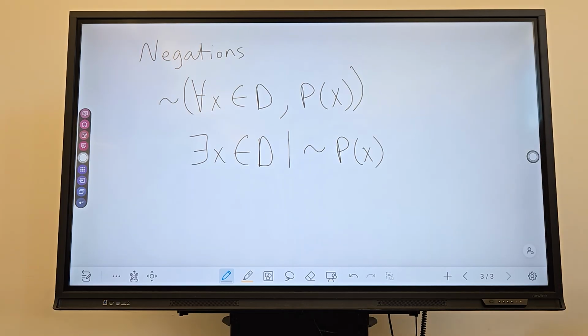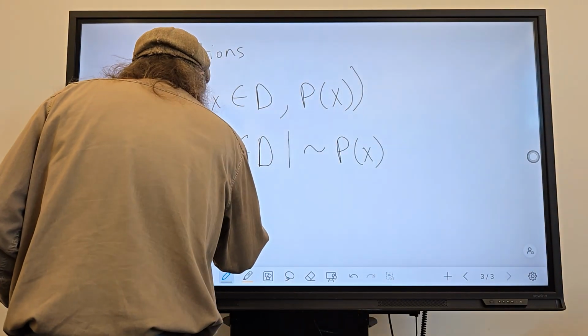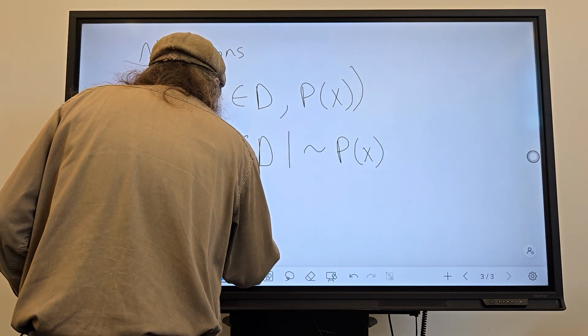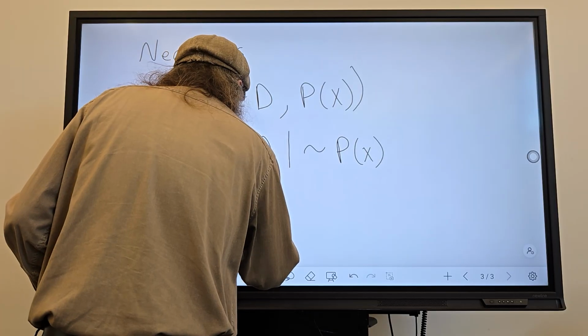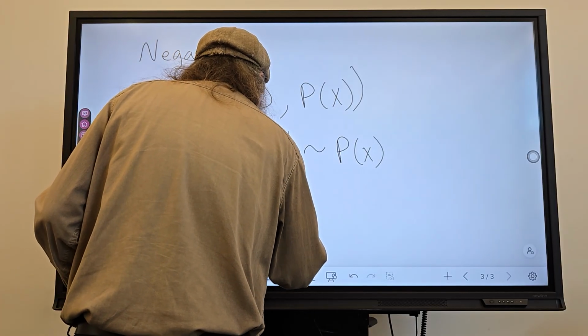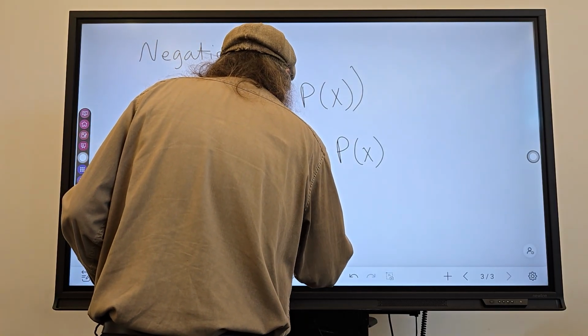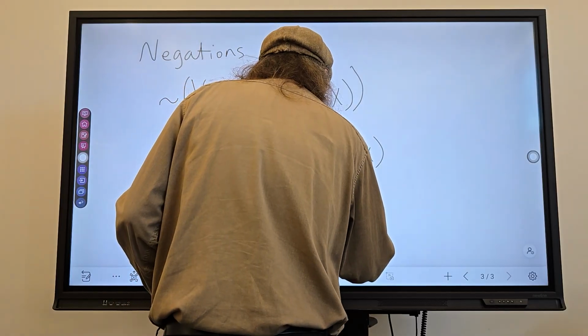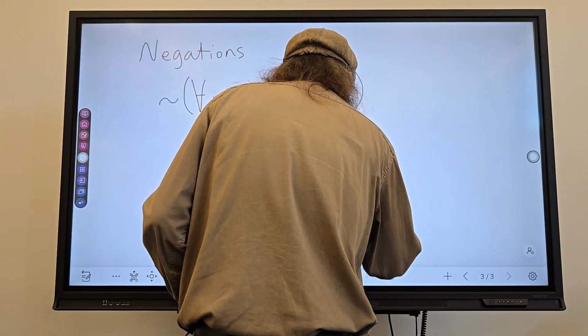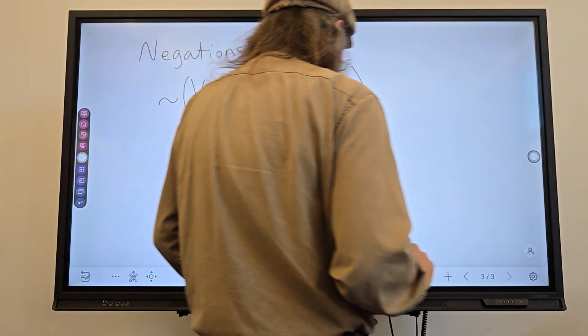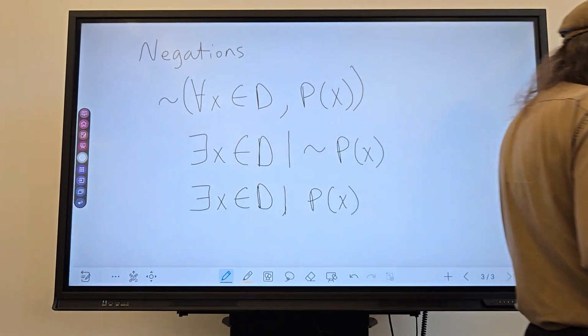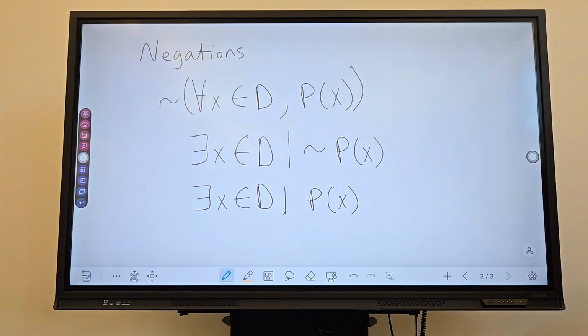Negation of an existential statement. There exists an x in D such that P(x). There's at least one element of D for which P(x) is true.